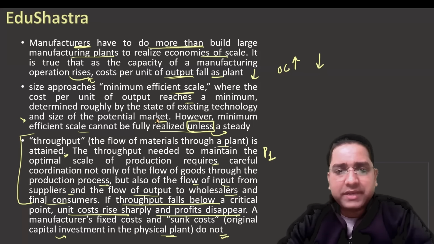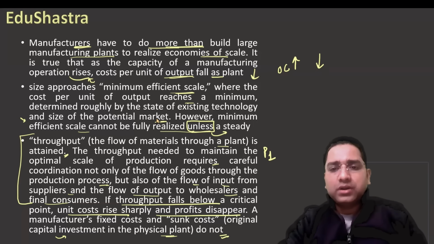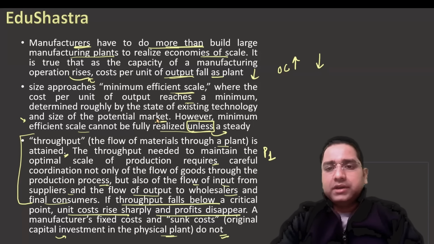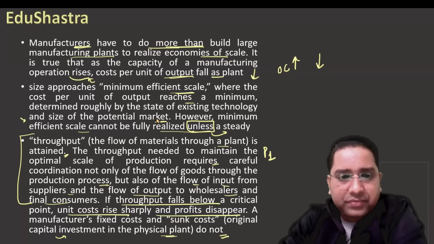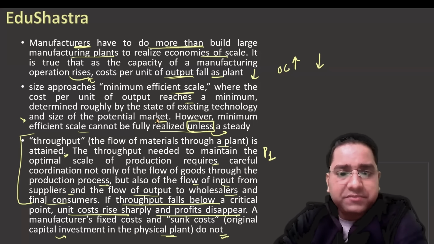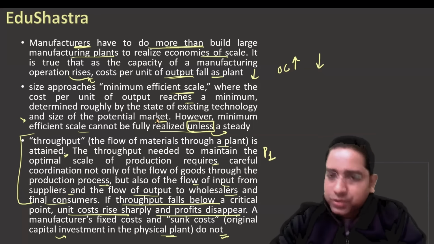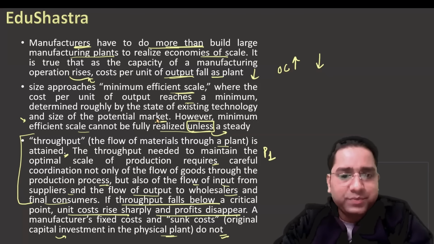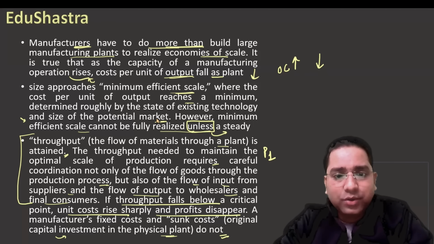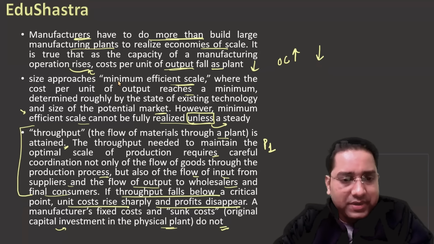See, if you understand this passage in simpler terms, I would say that this passage explains that making big factories doesn't automatically save money for manufacturers. Correct? And what happens further? Bigger factories can reduce cost, but for the same, they need to keep materials moving smoothly. And if things slow down, cost can go up, right? Correct. Great.